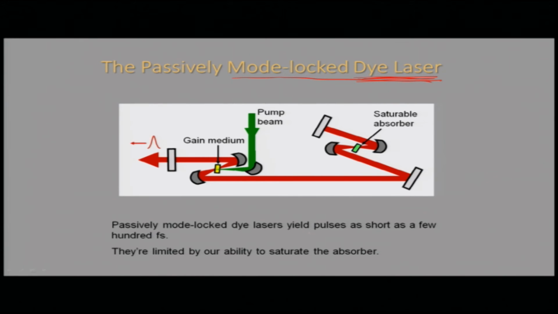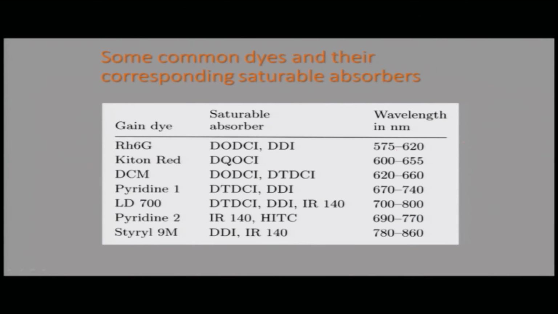The passively mode locked dye lasers yielded pulses as short as a few hundred femtoseconds. They are limited by the ability to saturate the absorber. So, if you can have a fast enough absorber, then with the combination of the processes we mentioned, it was possible to get these kinds of results.